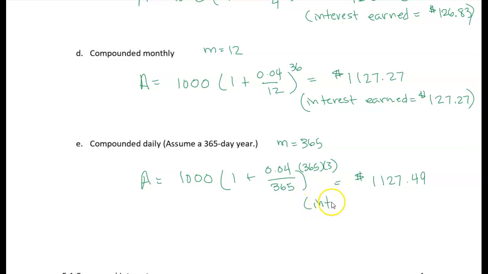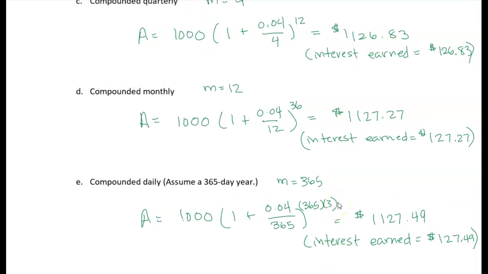So the interest earned in this case is 127.49. You can see that the more frequently we compound, the more we're going to make.